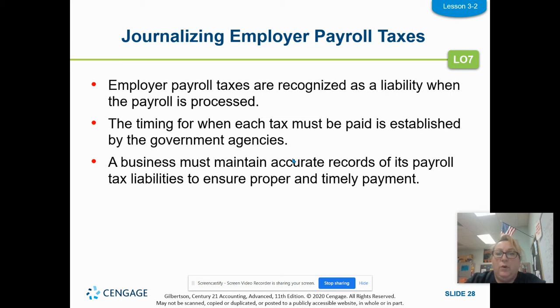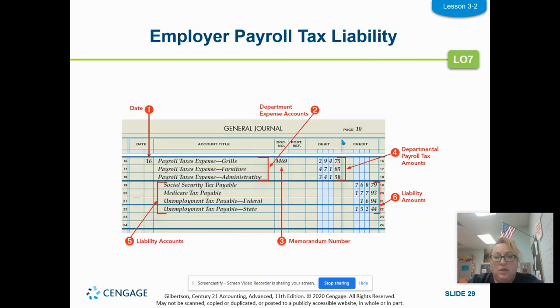So the employer has to pay, like I said, they have to match your Social Security and Medicare, and then they have to pay that unemployment tax in case something happens and you have to go out on unemployment. They have to let you go for a little while. So those all have to be done every time we do payroll. Those business taxes also have to be withheld. So this is what that looks like.